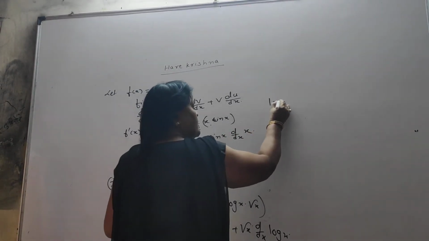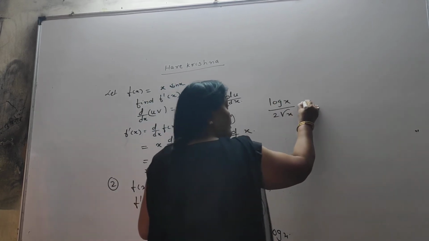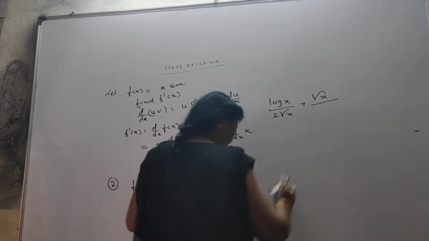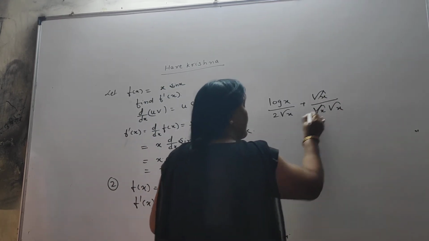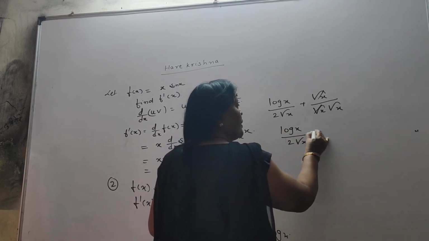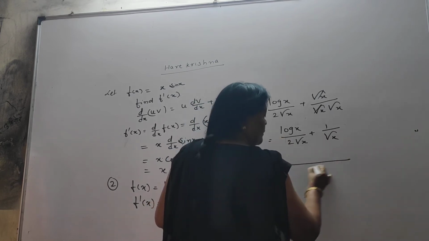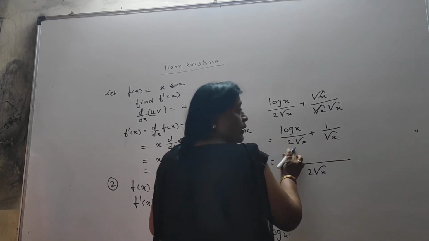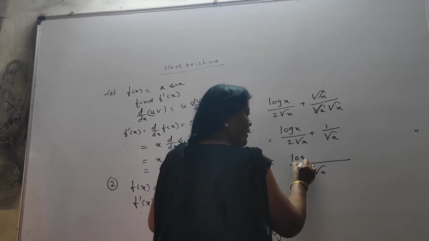Again, log x divided by 2 root x remains as it is. Here the root x remains as it is. This x you can write as root x into root x. One root x gets cancelled. Log x divided by 2 root x plus 1 upon root x. Here again, the LCM is 2 root x.